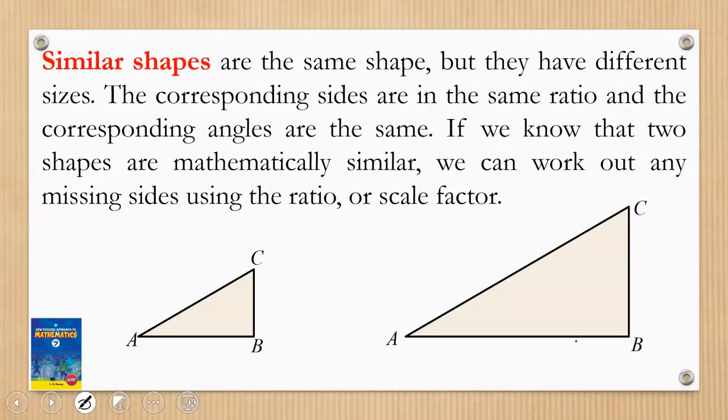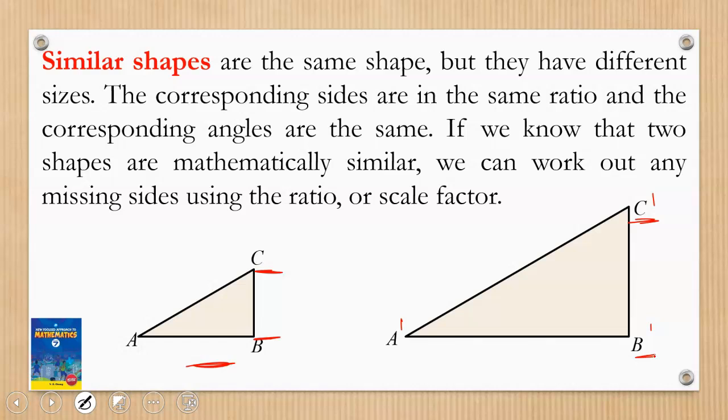The corresponding sides are in the same ratio and the corresponding angles are the same. So look at triangle ABC here. Let me call this triangle A prime, B prime, and C prime. You could see that the distance BC would be in proportion with the distance B prime, C prime.